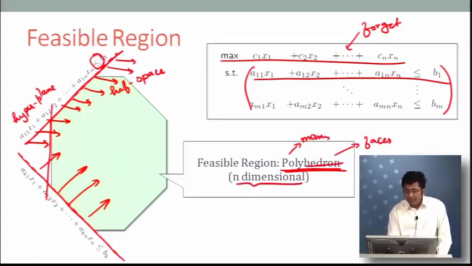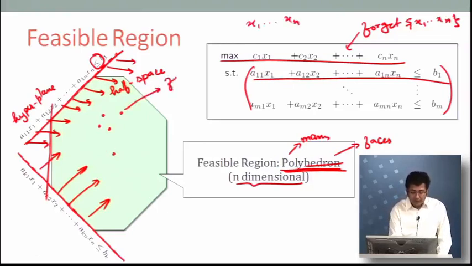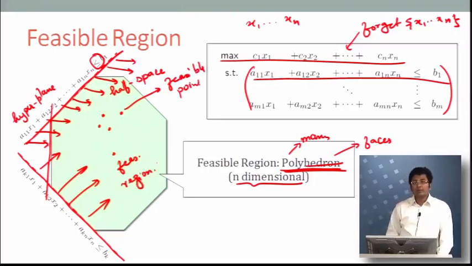So we have an n-dimensional polyhedron if the original problem has n decision variables. Since x1 through xn are all real valued, every point inside this is a feasible point of the linear program, and the entire region is called the feasible region of the linear program.